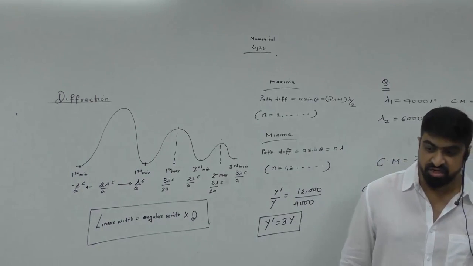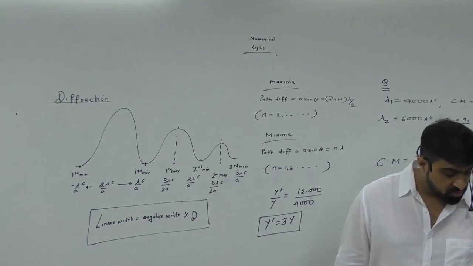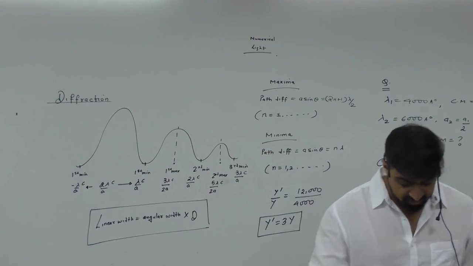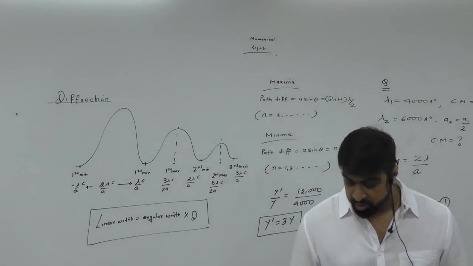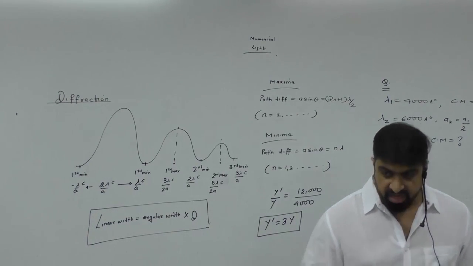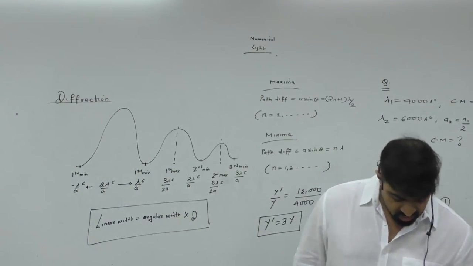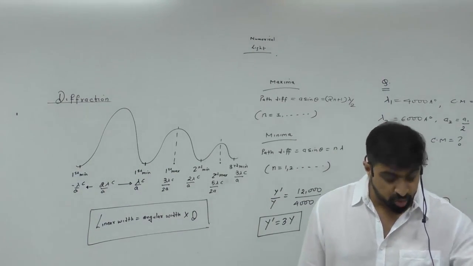What is the size of the slit? It is a. Sorry, I am very sorry, 2 micrometer. Capital D, the distance from the slit to the screen, is 1.5 meter. Now the question is important.